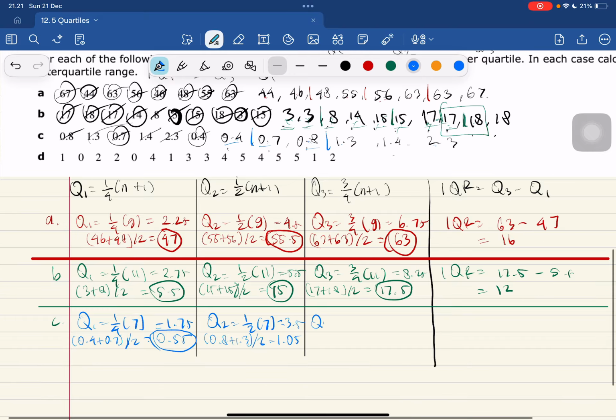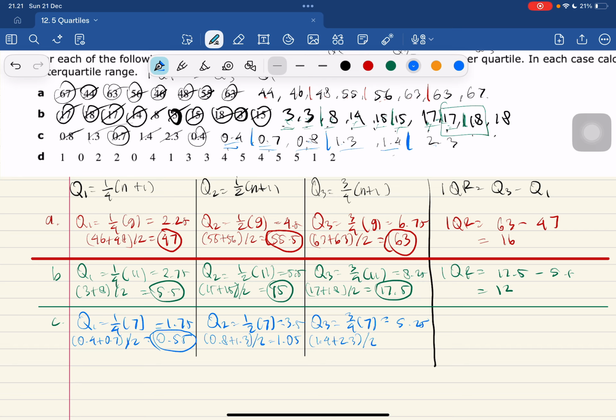Now quartile 3: 3 over 4 times 7. We have 1.75 times 3, so this is position 5.25. Count 1, 2, 3, 4, 5, here. So find the mean: 1.4 plus 2.3, divided by 2.